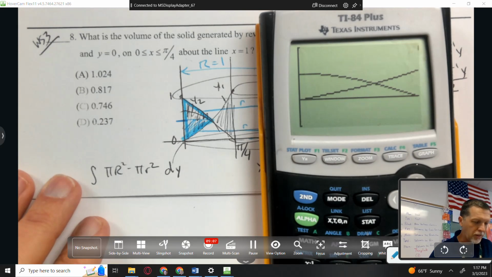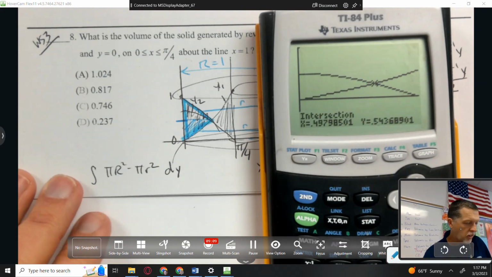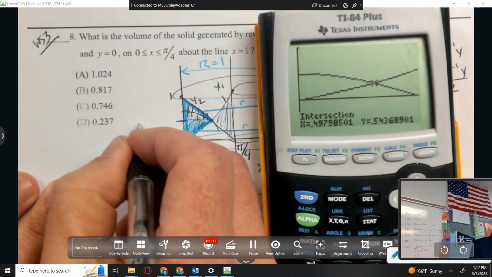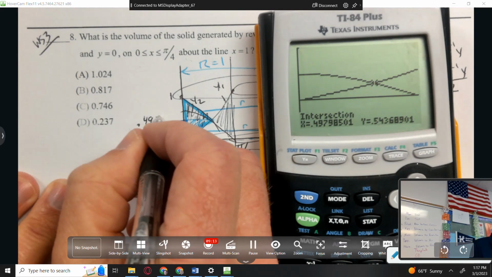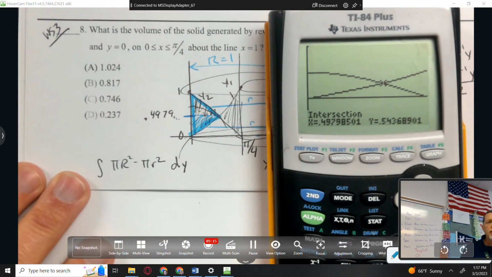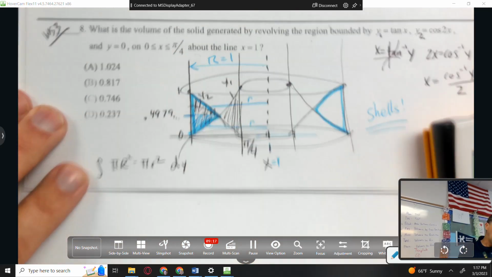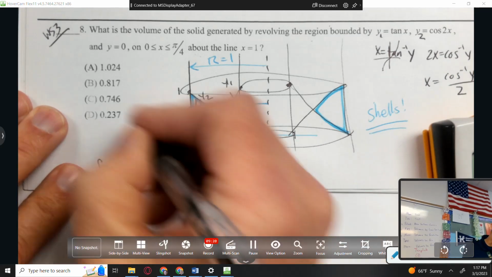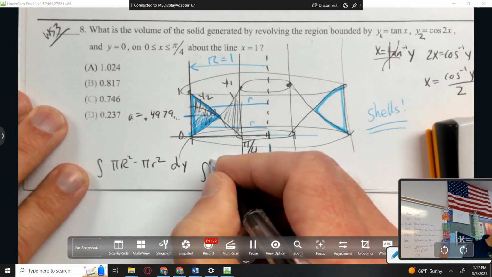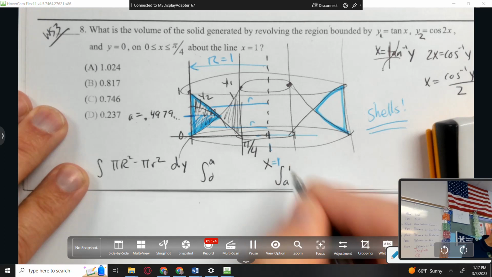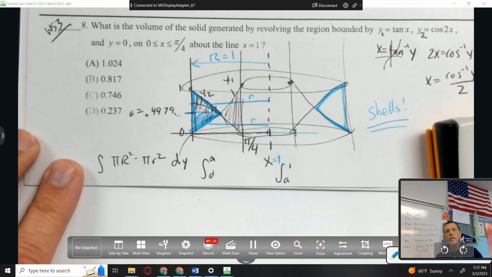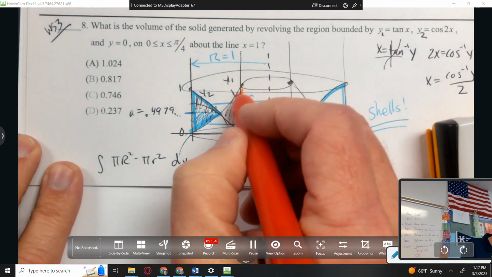I think it's going to be something strange, 0.4979... And so you'd have to go 0 to a, and then a to 1 for the blue, and then for the inside you'd have to do 0 to a and a to 1 for this piece.